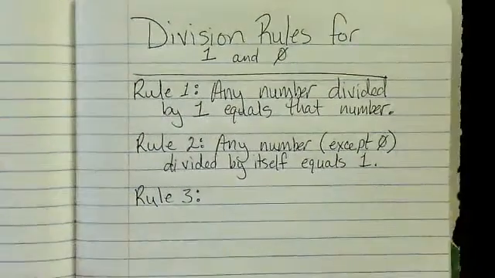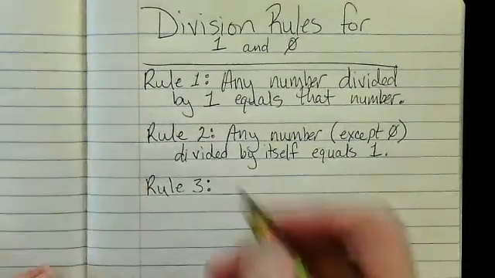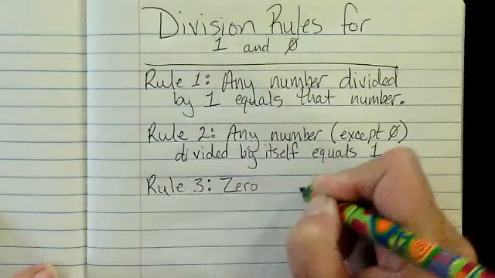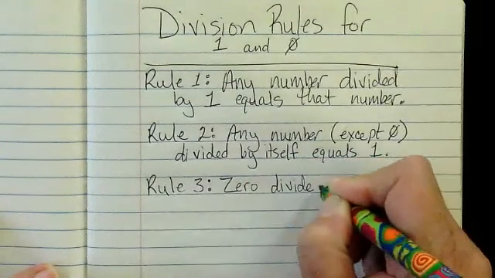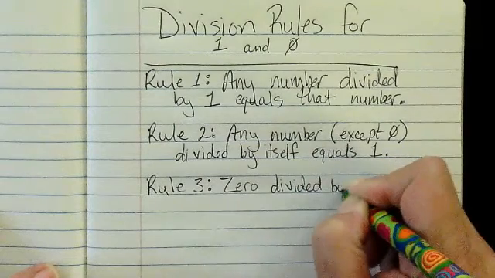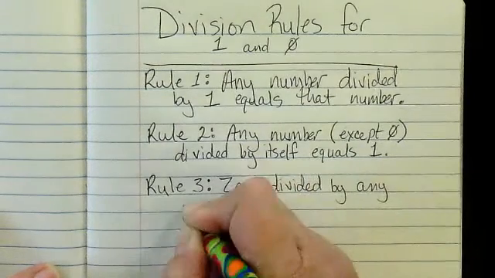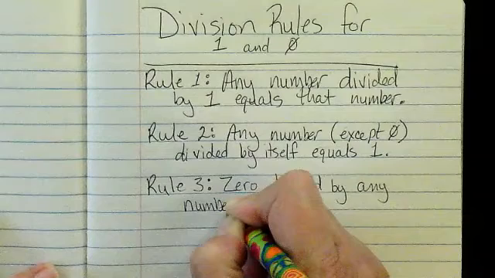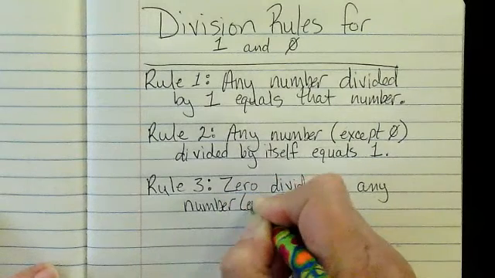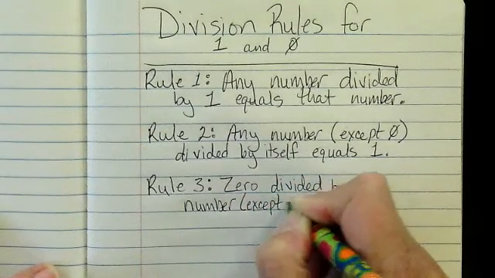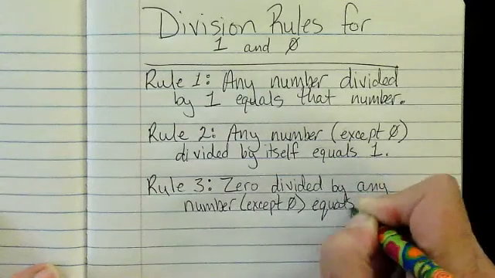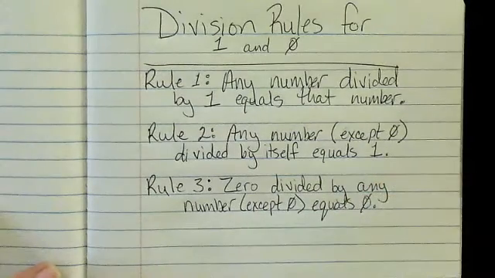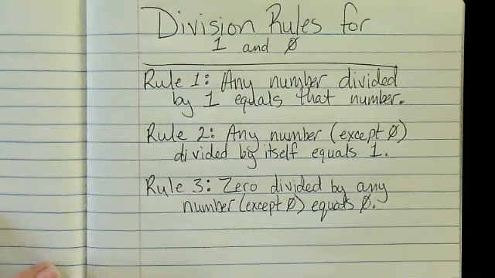So here is rule number 3. 0 divided by any number except 0 equals 0. 0 divided by any number equals 0.